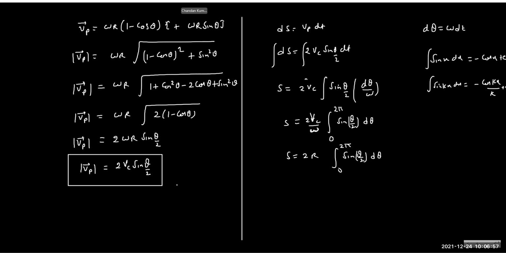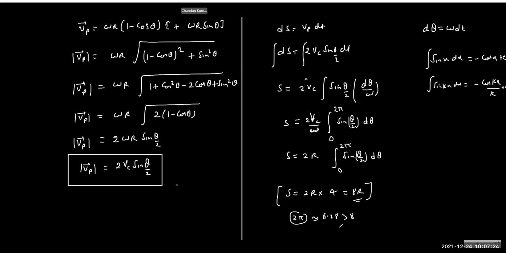Anyway, now the integration will be 2r, minus cos theta by 2 by half. So this will become 8r. And you can also realize that this 8r is definitely bigger than 2 pi r, because 2 pi is roughly 6.28 and this is 8.